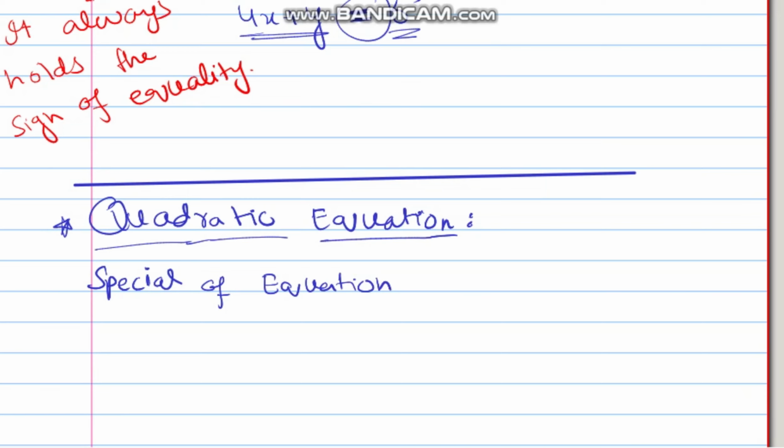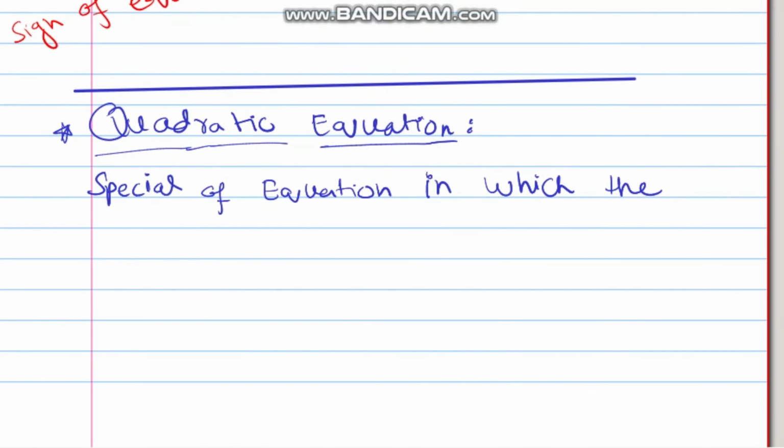A type of equation in which, this is the main thing. Now I am writing the very important aspect of these equations: in which the maximum power of any variable is 2.